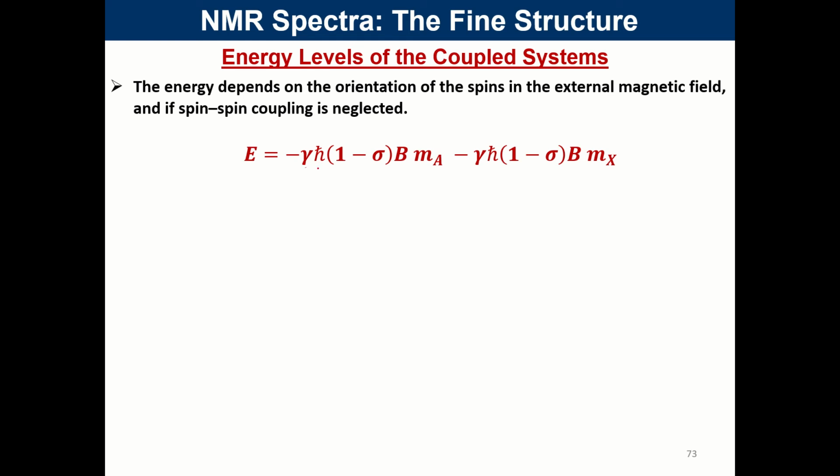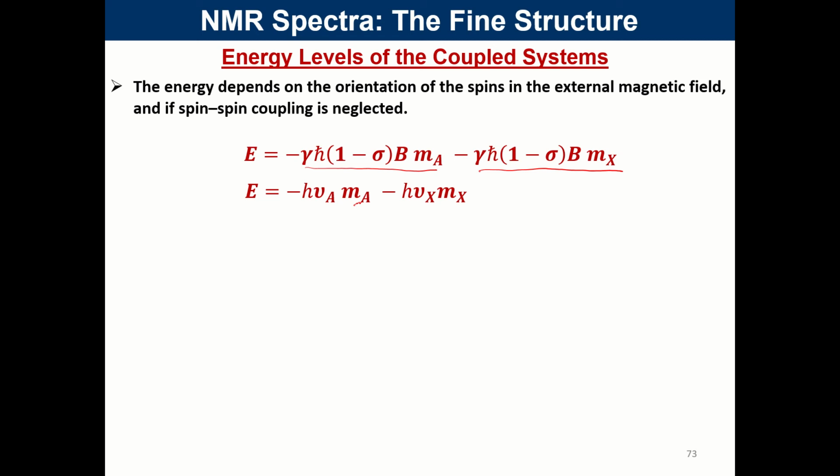So the expression for A, the similar expression for X we can write, and this is the magnetic quantum number for the nuclear spin. MA, MX are the two different positions in the chemical shift spectrum you can have.